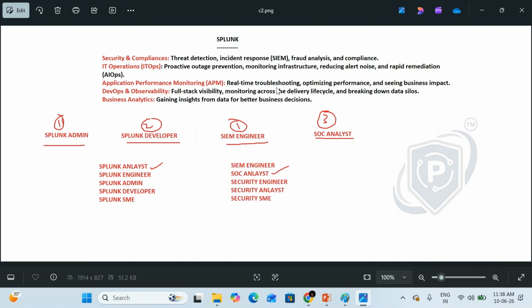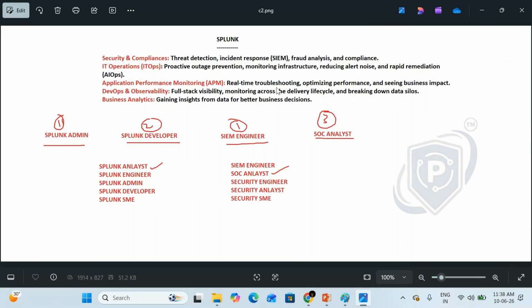But I'm just telling that it can be suitable for multiple purposes. It is a competitor for Datadog in observability, ELK stack in security or observability, Dynatrace exclusively for APM monitoring, and AppDynamics. So that's why Splunk is a competitor for observability as well as business analytics, security analytics, and APM monitoring.